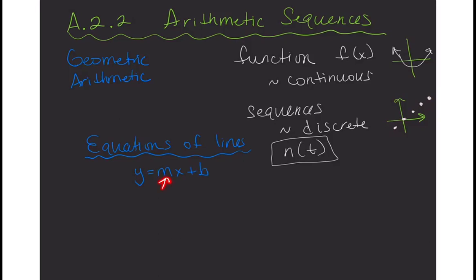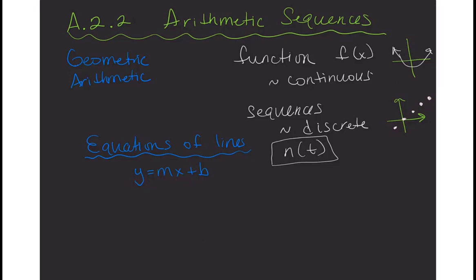What does this m stand for? The slope. What does b stand for? The y-intercept. And the x and y are all of the points that are on a graph. Coordinates are x, y's, so those are all of your coordinates.